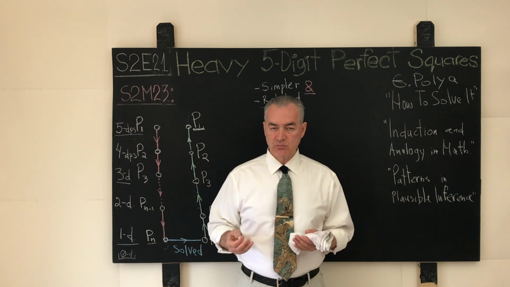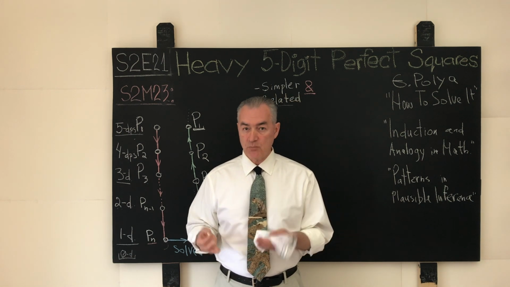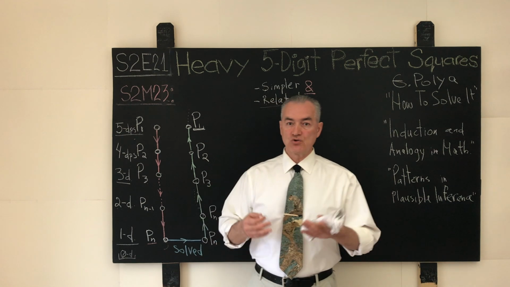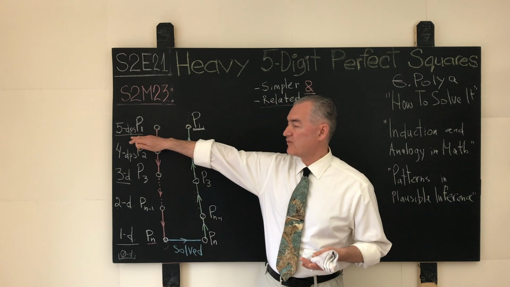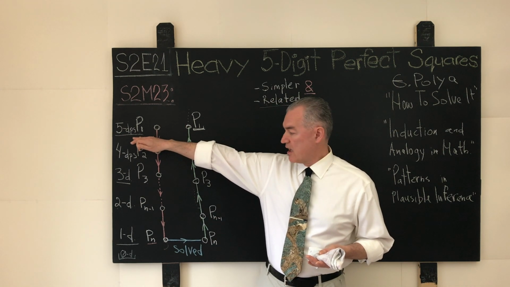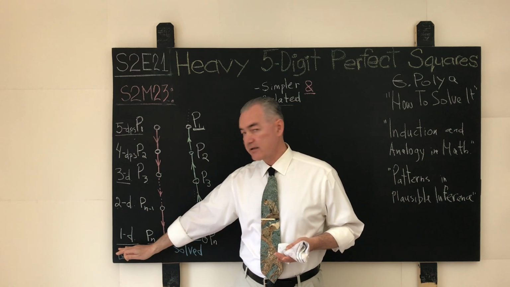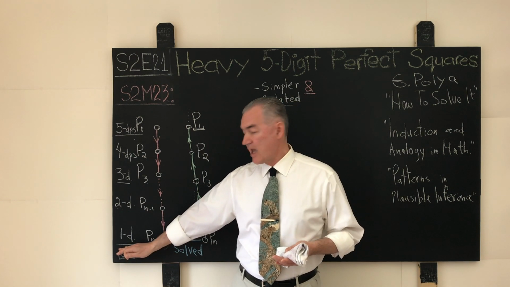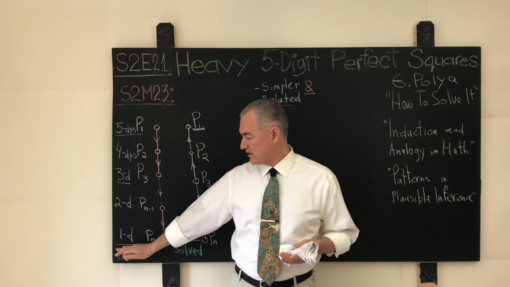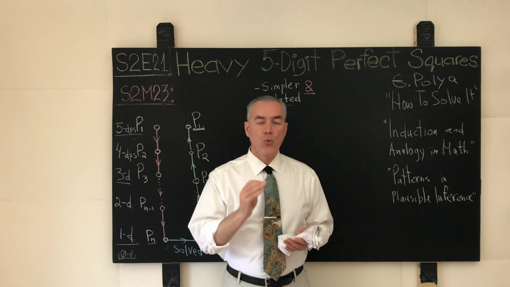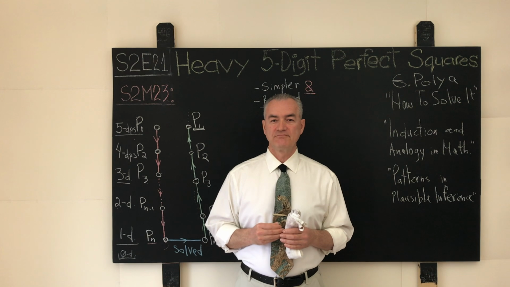Can we deal with this problem? Well, if we cannot solve that problem, as I mentioned before, there is no hope that we will solve the original 5-digit perfect square problem. That is why it pays to dig our heels in, so to speak, and put up an academic fight and try to solve the 1-digit perfect square problem.